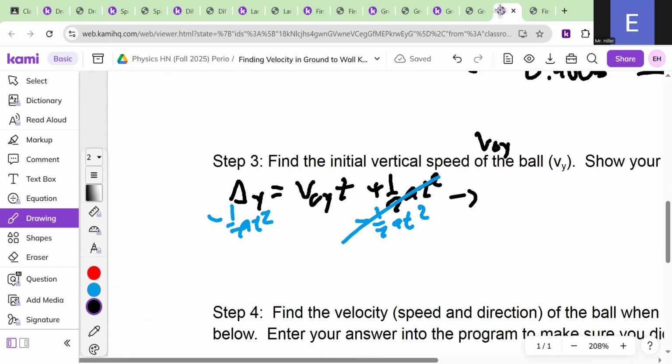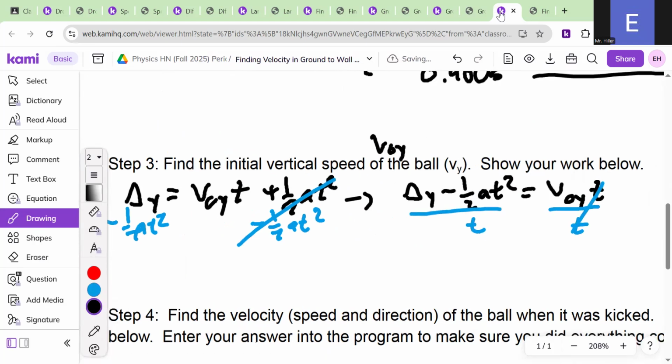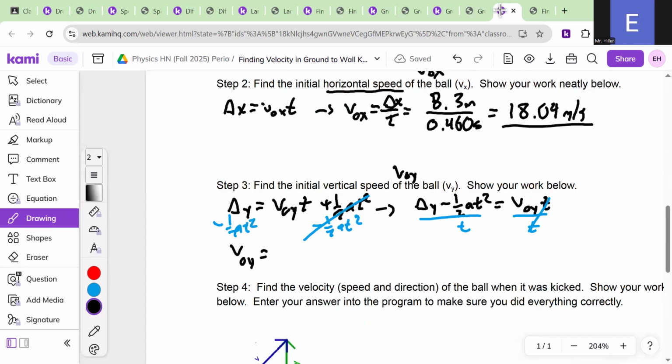So if I do this, I get delta y minus 1/2 a t squared equals v naught y times t. So my last step is just divide both sides by t. I know this equation looks kind of big and ugly, but it's fine. It still works.